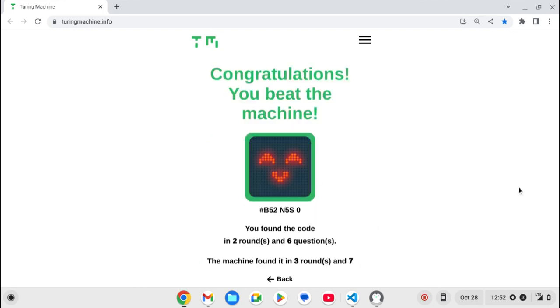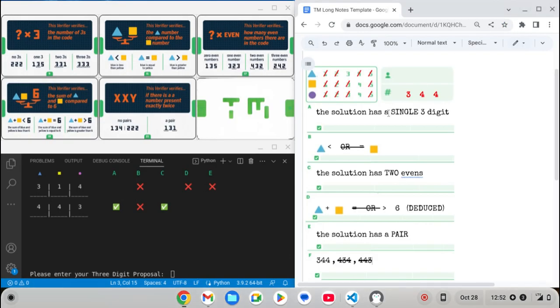Okay, well, this is somewhat of a relief in some sense. We did beat it by 1 question. Now remember, we started off the second round not only with 3 X's and nothing crossed out, but it did kind of help us in narrowing it down.